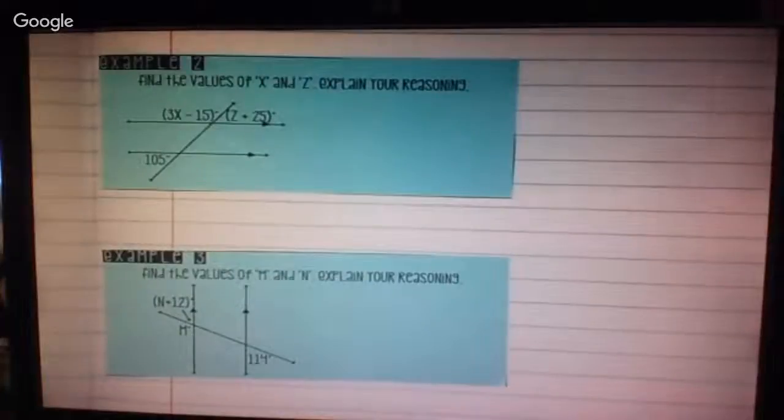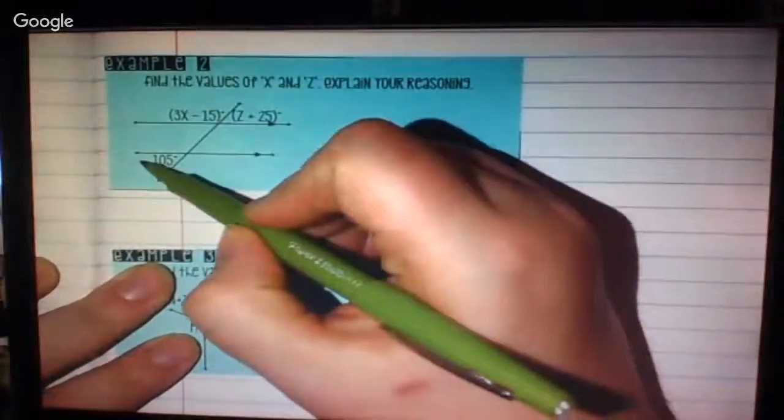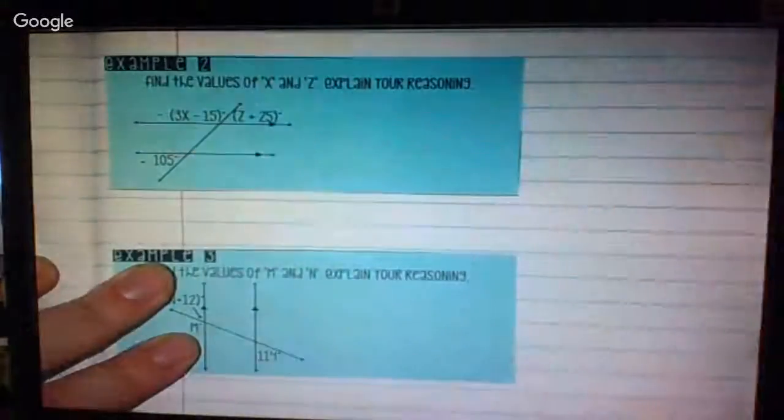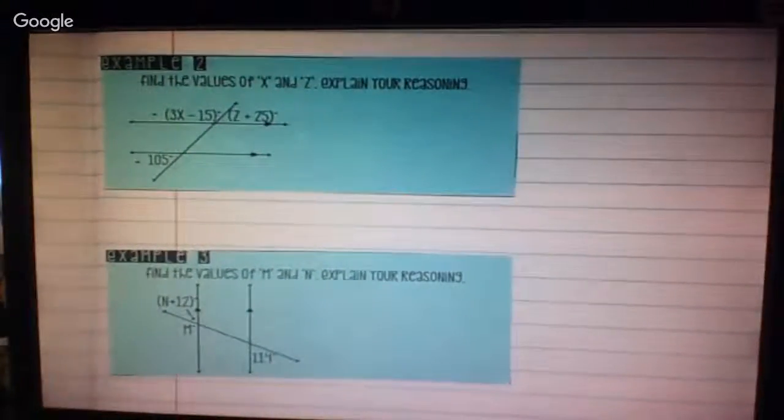Example 2. We now need to find X and Z. I need to find X before I can find Z. So, what kind of angles do I have here and here? Same side.